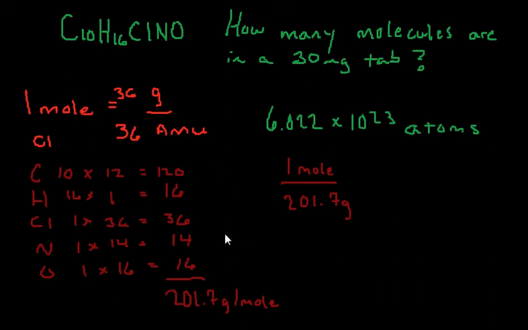So if we took this whole thing and looked at 1 mole of that, it would be 201.7 grams, because that's the number we came out with, right? So 1 mole is 201.7 grams. Now, our question is, how many molecules are in a 30 milligram tablet?